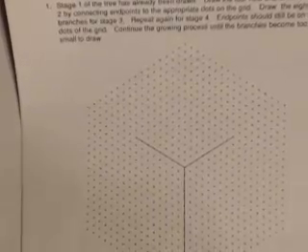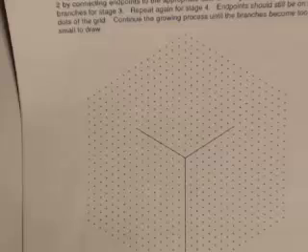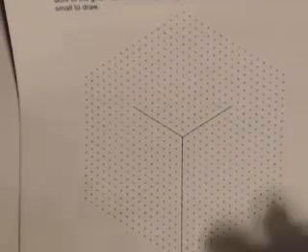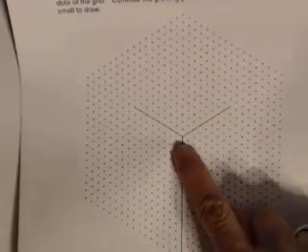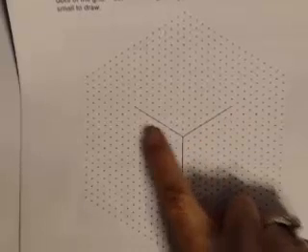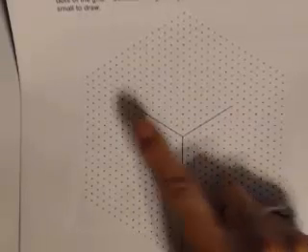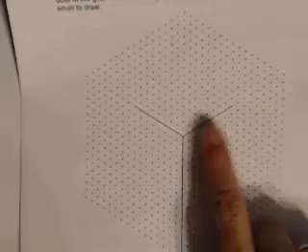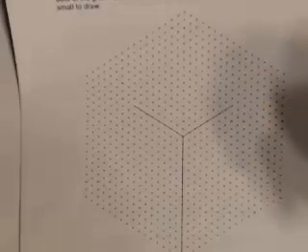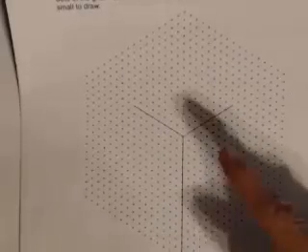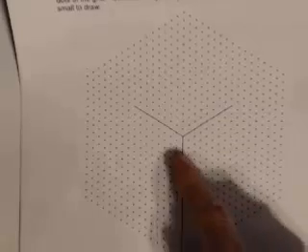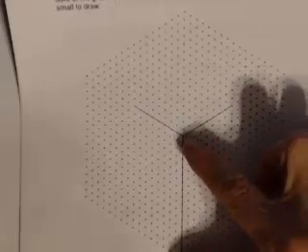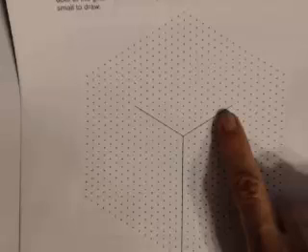This one is called the tree, and you begin with the trunk and 2 branches. Now notice that the trunk and these branches are in a relationship of 2 to 1. So this one is twice as long as this one.